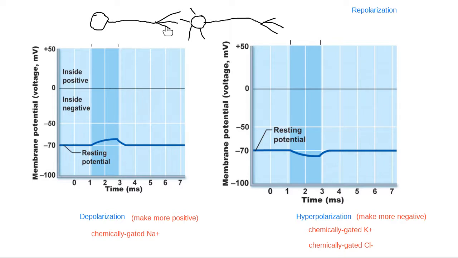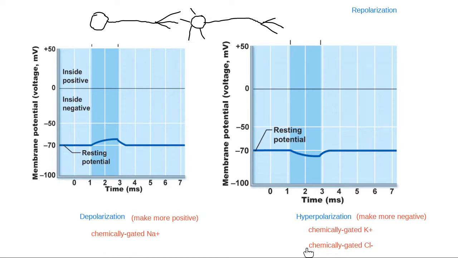Same deal happens if this neuron spits out a neurotransmitter that attaches to a chemically gated chloride channel. That's also going to make my membrane charge get more negative. So when we think about these neurotransmitters, either they lead to depolarization if they attach to a chemically gated sodium channel, or they lead to hyperpolarization if they attach to a chemically gated potassium or chloride channel.